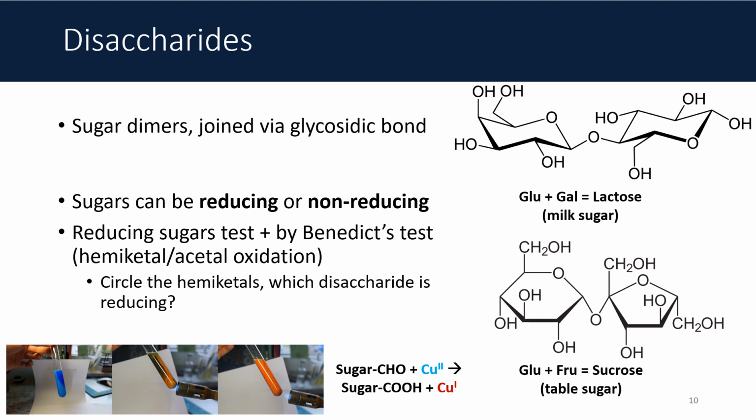The next kind of carbohydrate we'll talk about are the disaccharides. These are sugar dimers joined via a special glycosidic bond.